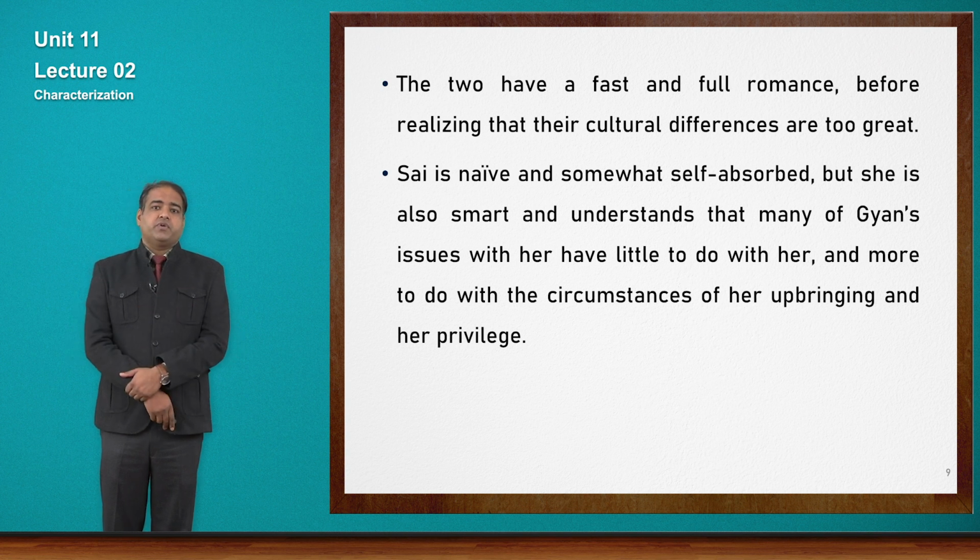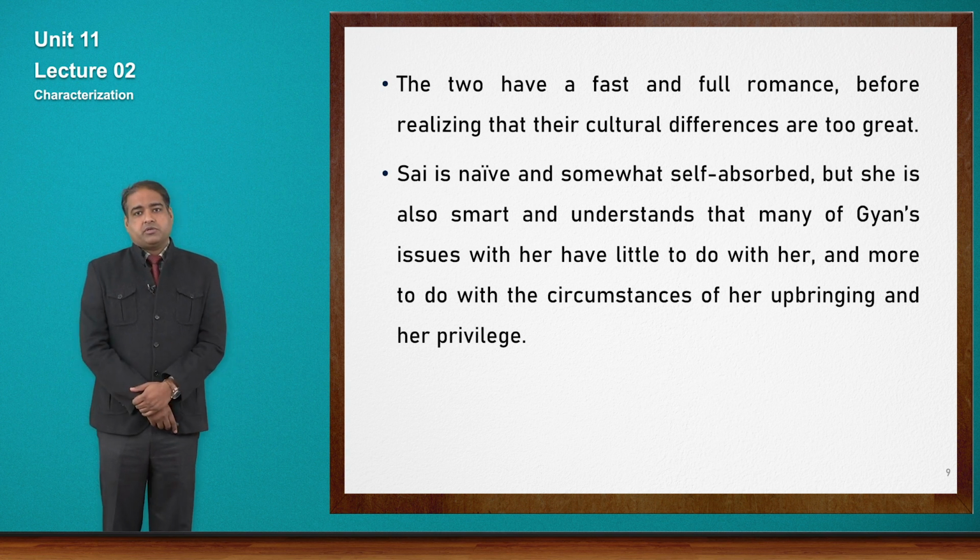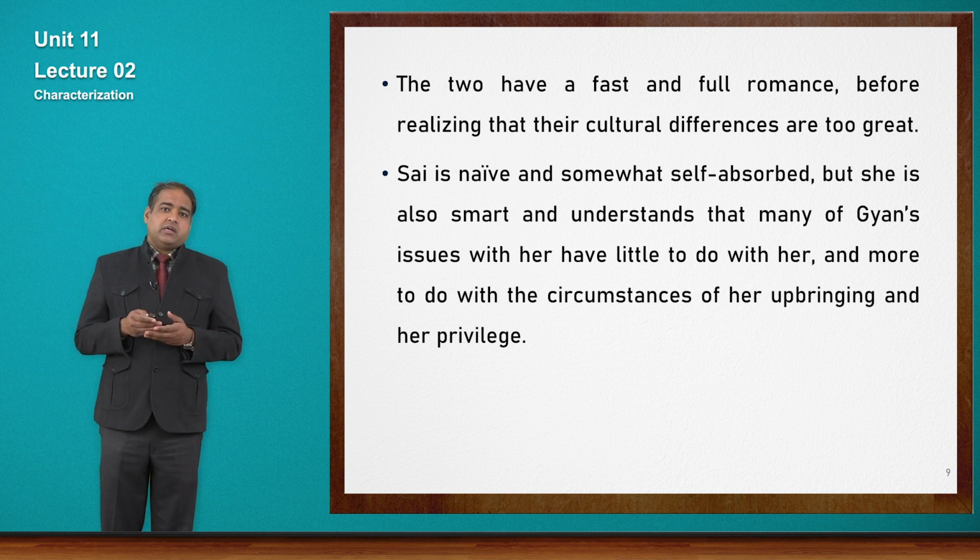Sai is naive and somewhat self-absorbed, but she is also smart and understands that many of Gyan's issues with her have little to do with her and more to do with the circumstances of her upbringing and her privilege. So friends, Sai was in a way a little more mature than Gyan.